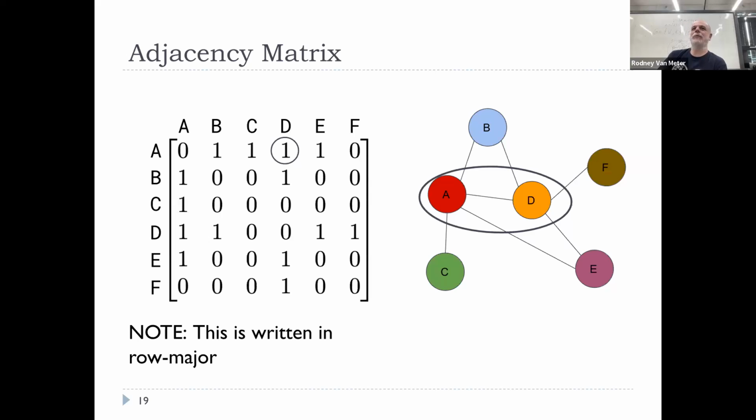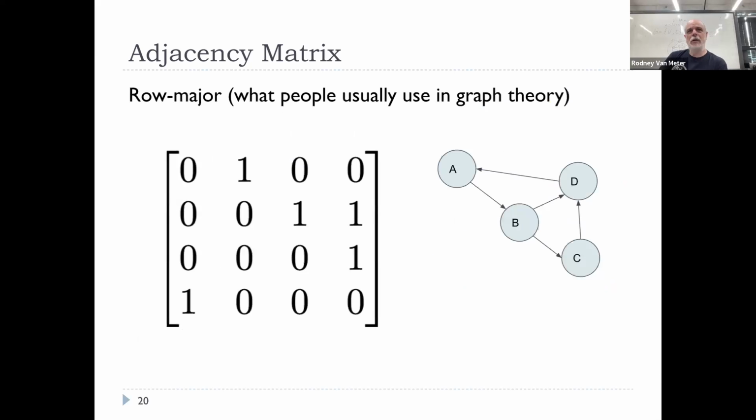And if you count the total number of ones here, we have 14 ones in this matrix, because each edge shows up twice in the undirected form of the adjacency matrix. Any questions on the adjacency matrices so far? Everybody's happy with those?